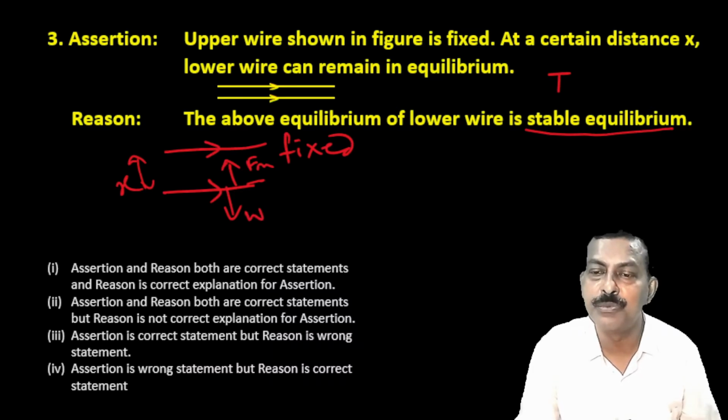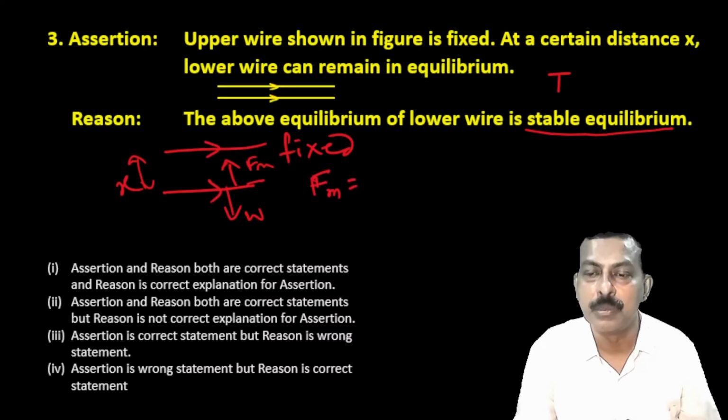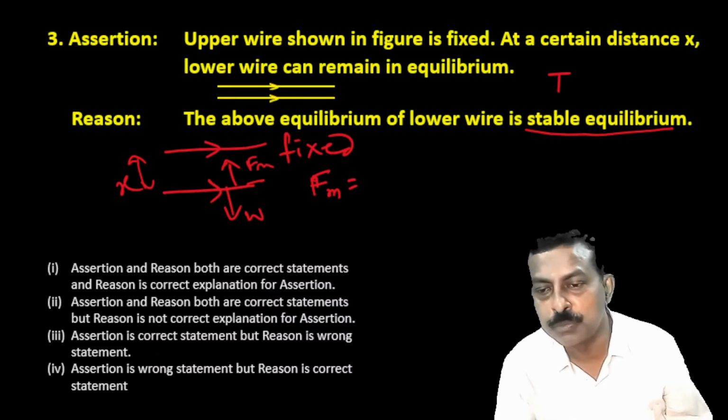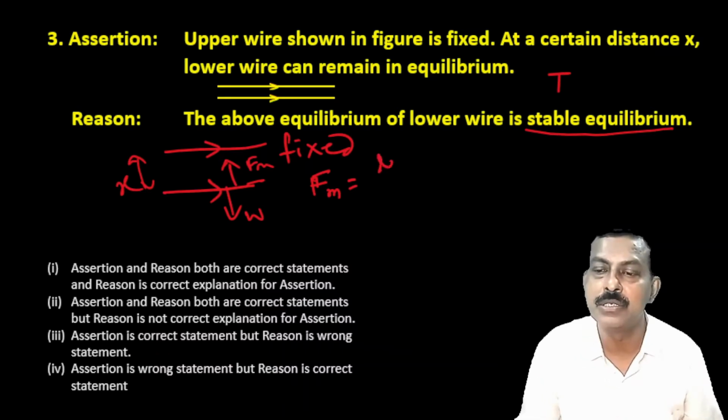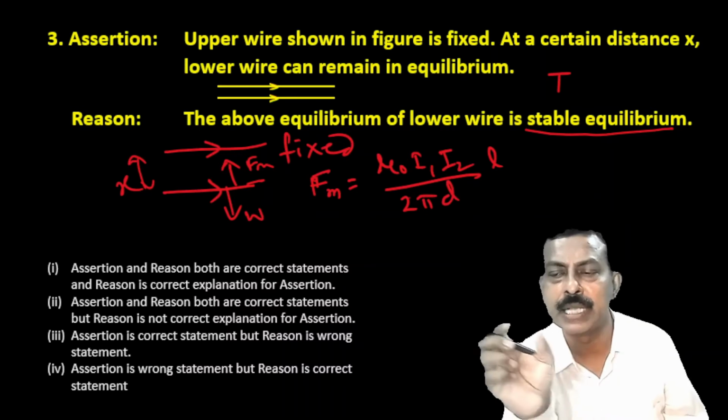Now, how much will be the force due to magnetic field produced by the first wire on the position of the second wire? This is your mu naught I1 I2 divided by 2 pi d into L. L we are taking as the length of the wire.